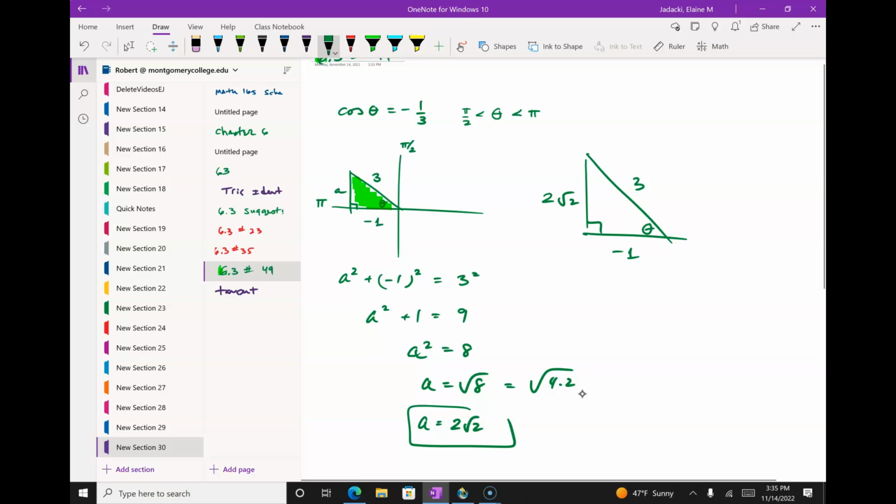Now I want the other 5 trigs. So what's sine of theta? Two rad 2 over 3. Cos of theta I already know. What's the tangent of theta? Yep, negative 2 rad 2 over 1, so negative 2 rad 2.